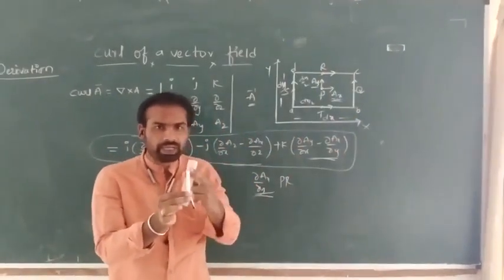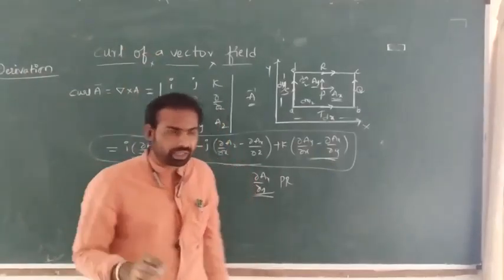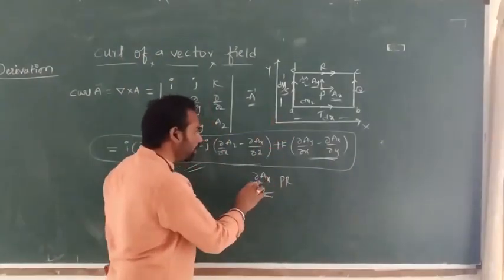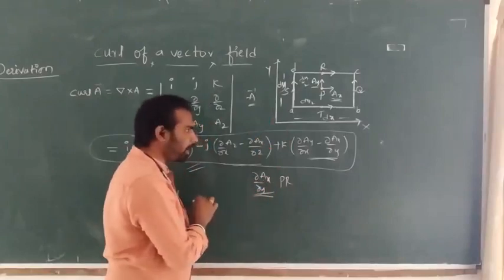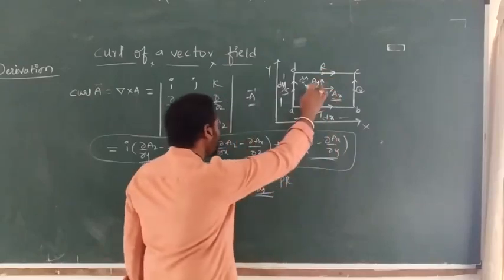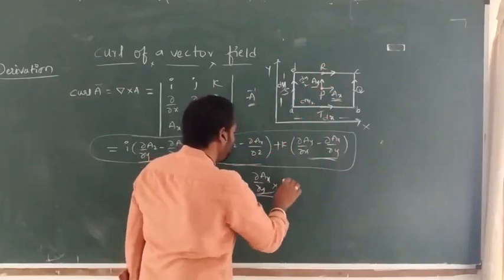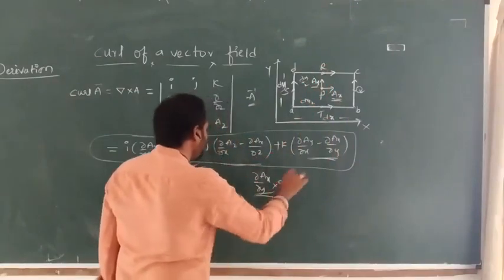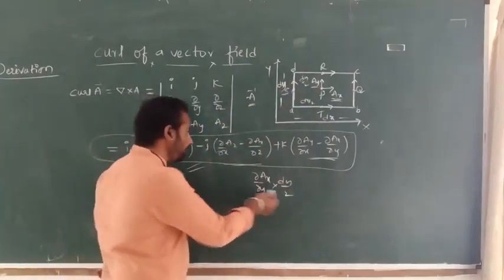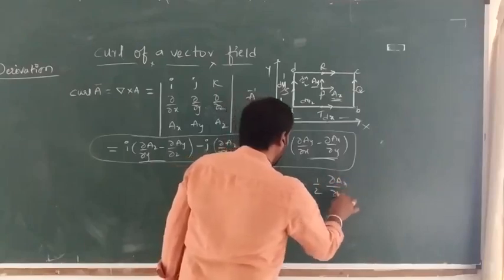How the Ax component is changing along the y axis, not the x axis, is represented by dou Ax by dou y, and it is traveling a distance of dy by 2 from P to R. So the change of Ax along PR becomes one by two, dou Ax by dou y into dy.